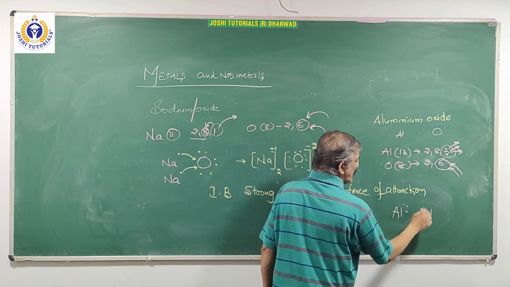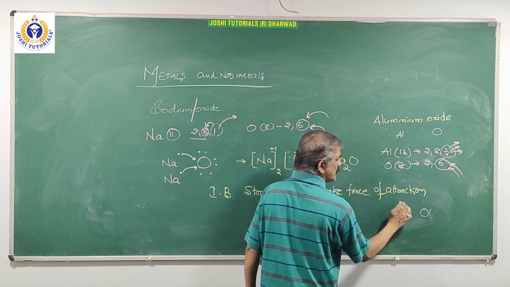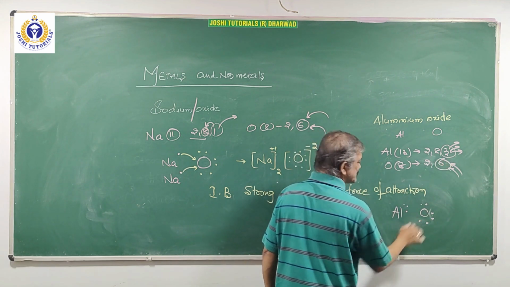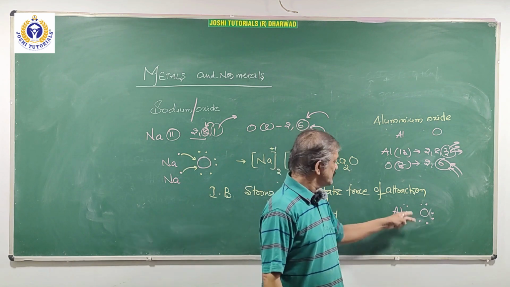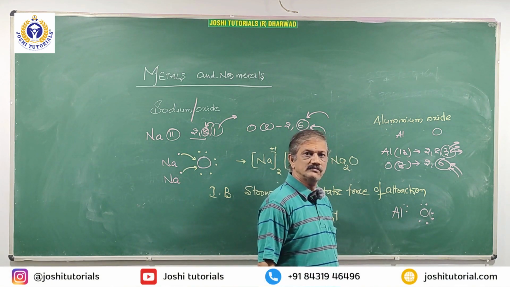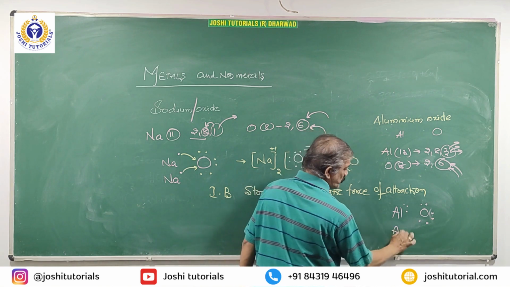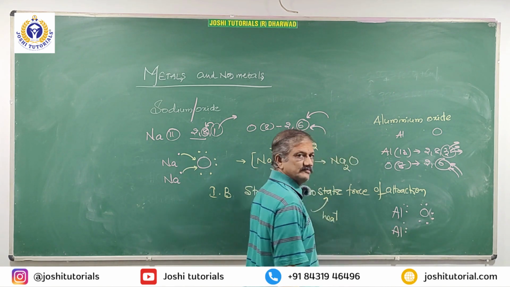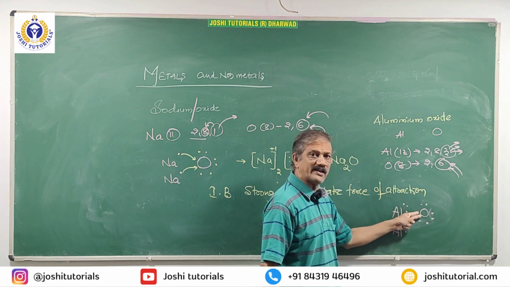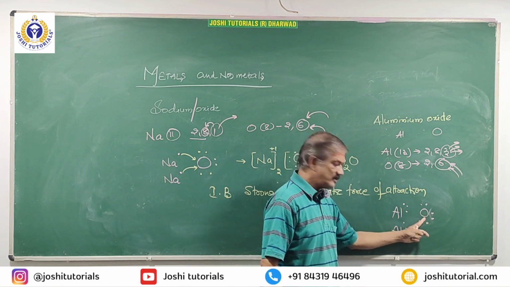Then the question comes, aluminium and oxygen. Here 1, 2, 3. Here oxygen 1, 2, 3, 4, 5, 6. It wants 2 electrons. How is it possible to give? That's why one more aluminium, 1, 2, 3. Means from this aluminium 2 electrons can be donated. It gets satisfied.